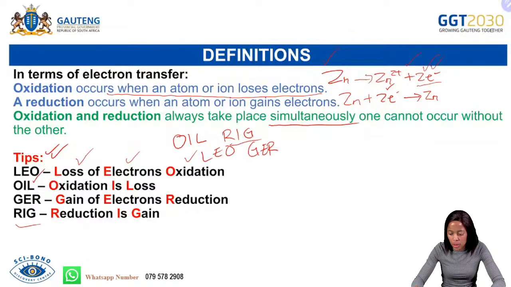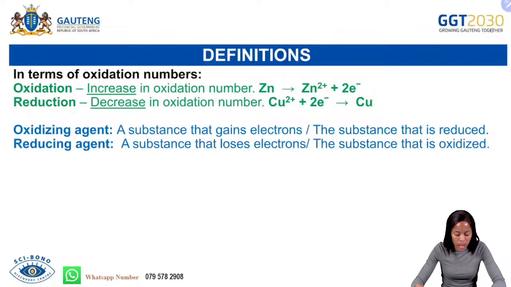Okay. Next it says in terms of the oxidation numbers. So we are still defining oxidation and still defining reduction. In terms of oxidation numbers, it says oxidation is an increase in oxidation number.